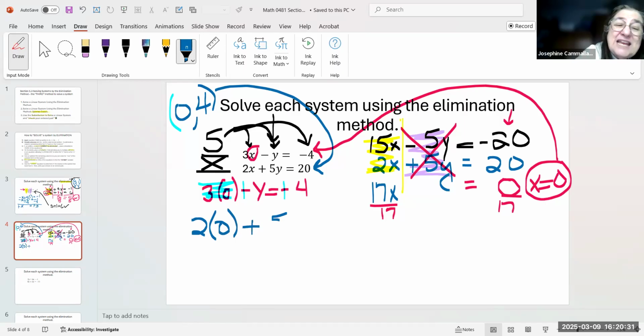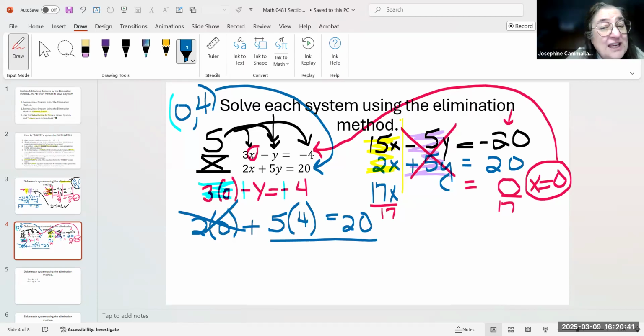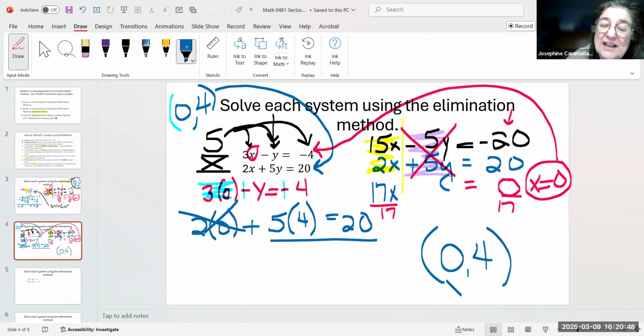Because why make a mistake if you can ensure that you don't? Well, this is going to give me 0, and 4 times 5 is 20. So my answer is 0, 4. This is x, this is y.